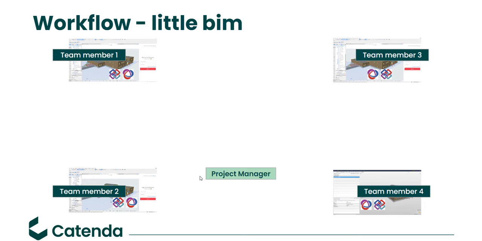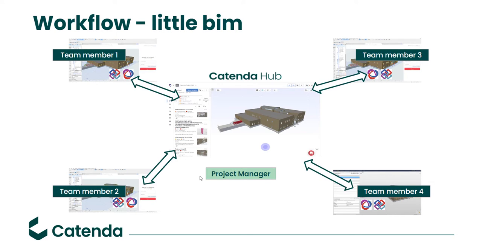How could they be part of this communication using models and documents in the project? Hence the question mark. The answer is Catenda Hub. Each team member could ask questions with any project member, whether they're using Revit or not, using BCF or using issues, and have these directed to a project member or colleague.